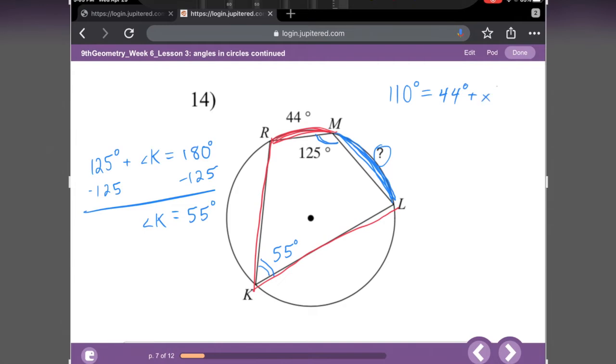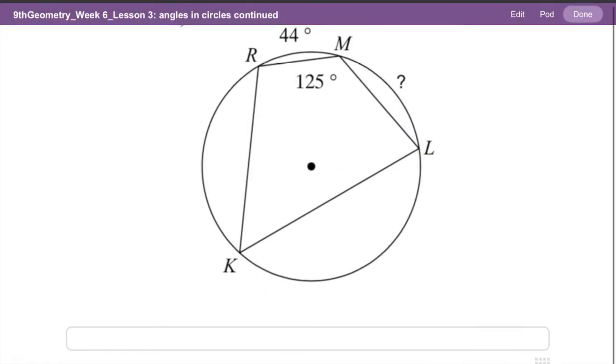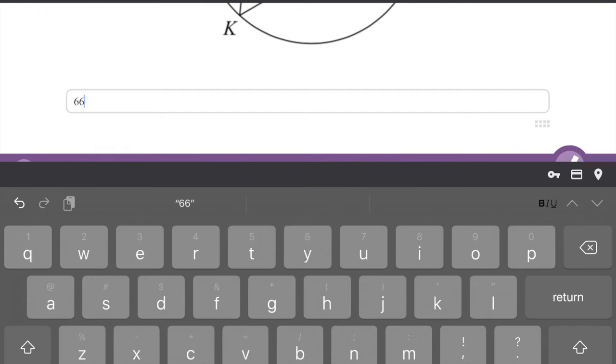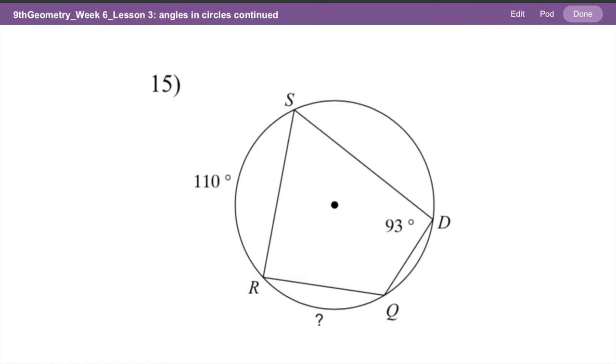Let me call that x. If I subtract 44 from both sides, I get that x is equal to 66 degrees. Yeah, that should be right. Let's try putting that in. Great. I'm going to skip that one and let you do this one.